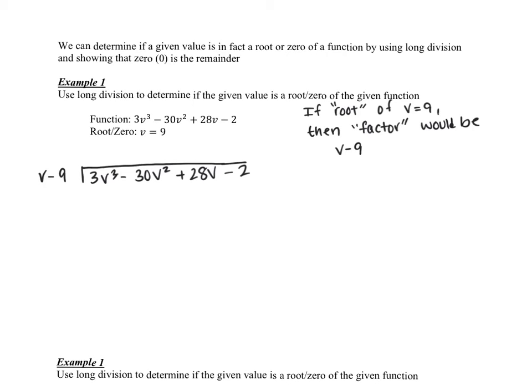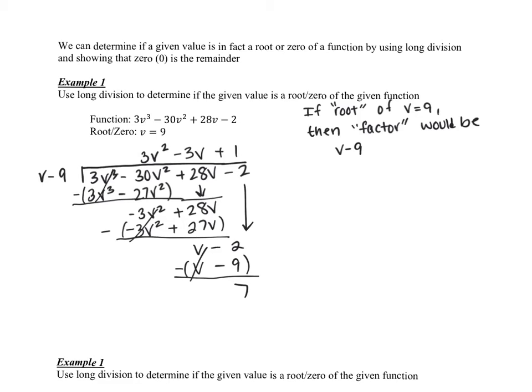Okay, here's your answer. So you should have got what I have here, that the remainder is in fact 7. So what that implies is a few things. First things first, since the remainder is not equal to 0, then v minus 9 is not a factor.